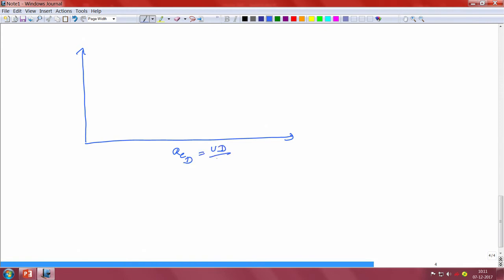This is ud by gamma, that is the Reynolds number, and this is written as 4f. It does not really matter what you write. It is plotted as f versus the Reynolds number. It starts at about 0.1, and this is about 0.01. So, your laminar profile is going to come down like this.